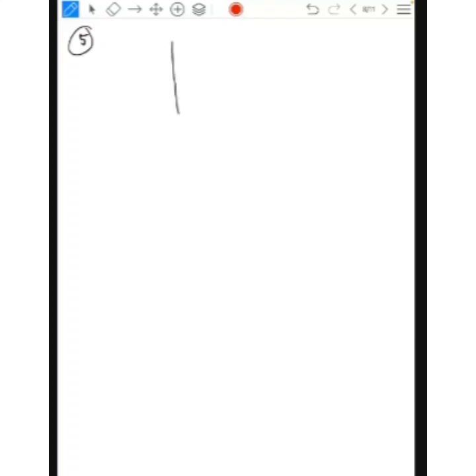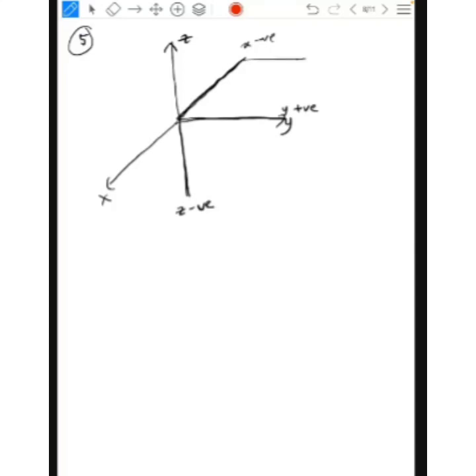Okay, so where is the 6th octant? 1, 2, 3, 4, 5, 6, at the back here, right? The 6th octant is here, here and this one at the back, in which x is negative, y is positive, and z is negative. So you can just draw the box there, because it asks you to draw the box there.